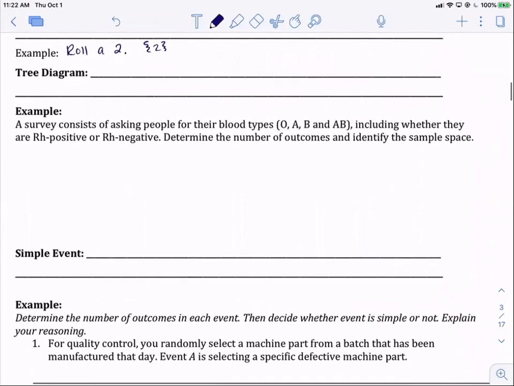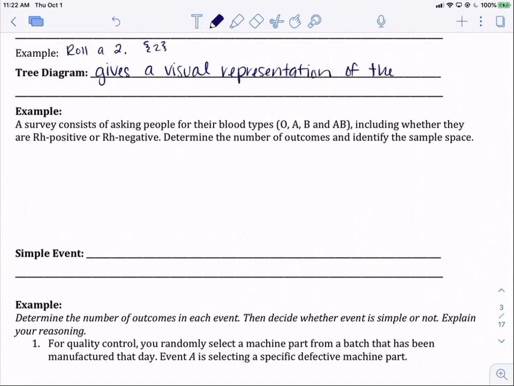A tree diagram gives a visual representation of the outcomes of a probability experiment by using branches. So it's a way to organize your list for your sample space.